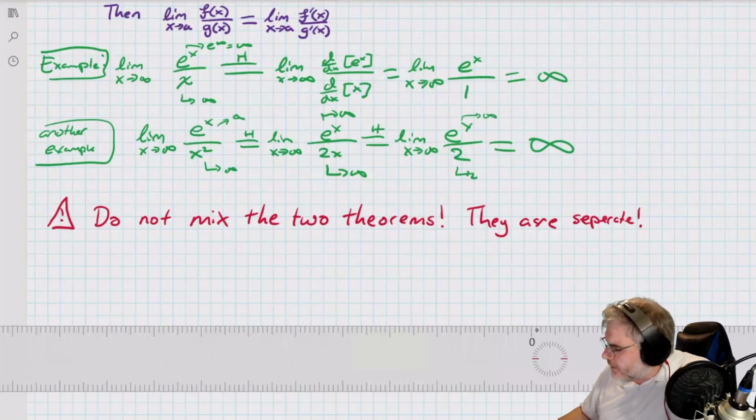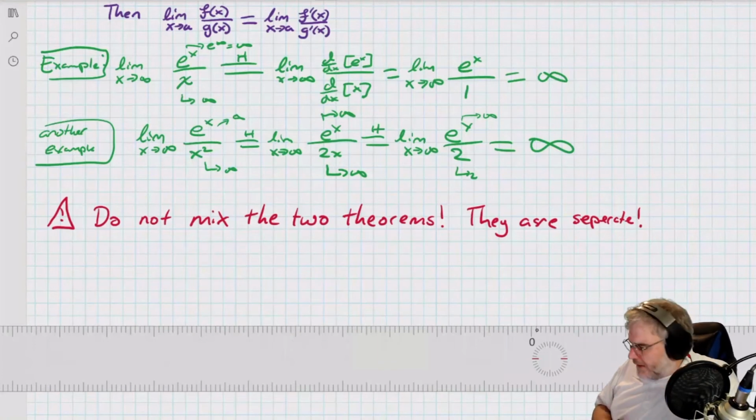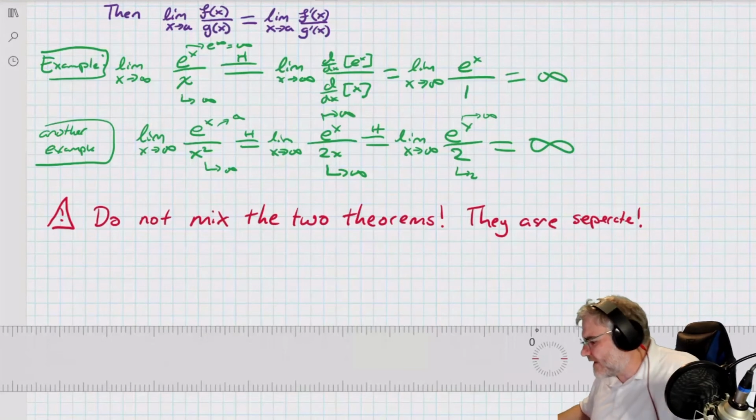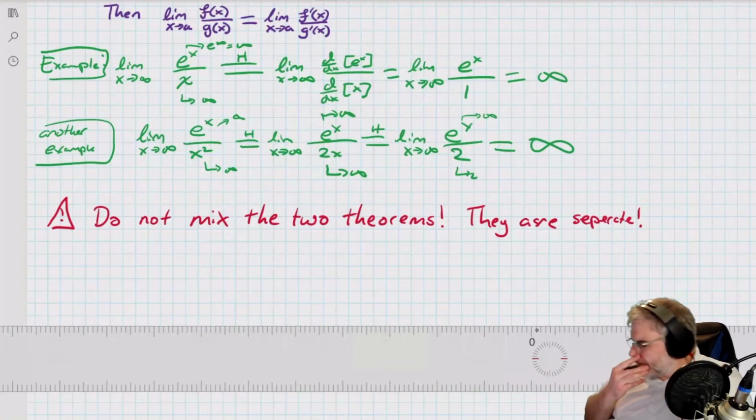This is what I get for doing things more than just 30 minutes ahead of time, right? Because if I had done it exactly 30 minutes ahead of time, I would have made sure I had it. This is what I get for being prepared, for working it out in advance. I wasn't prepared because now I can't find the example. Did I put it over here anywhere? Nope. Okay, so we'll do this one.